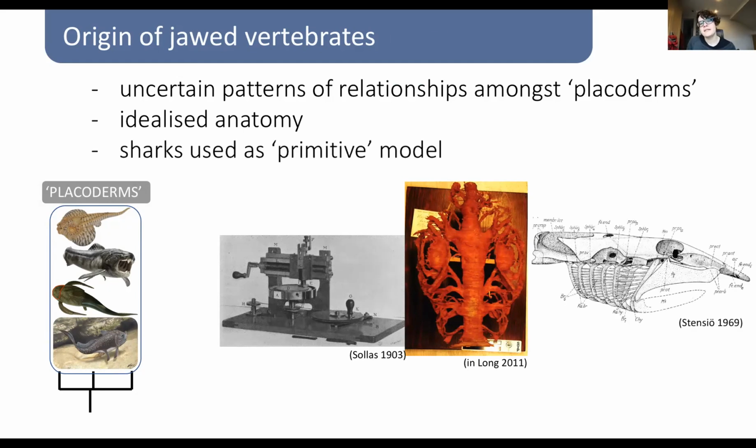And relatedly, there's been a tendency to view cartilaginous fishes like sharks as somehow primitive and representative of the last common ancestor of jawed vertebrates. And as a result, many reconstructions of placoderm anatomy are based on this idea that they were shark-like because sharks were primitive. And this isn't particularly accurate.